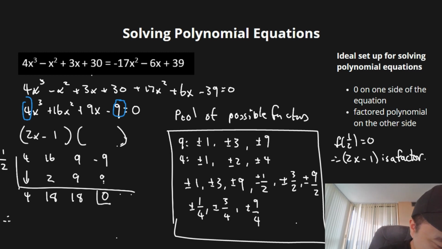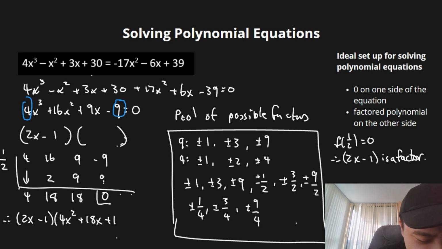So let's plug this into our quadratic formula. So it's x equals negative b plus or minus the square root of b squared minus 4ac, over 2a.